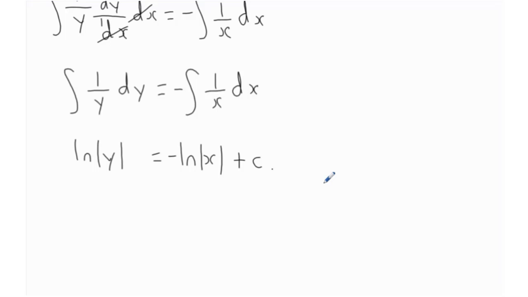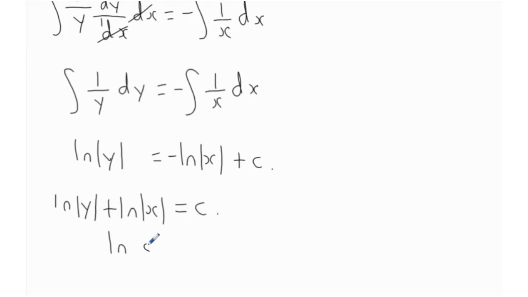So let us combine the ln x and the ln y, and then we can use a log law on that. So ln of the absolute value of y plus ln of the absolute value of x equals c. And by the way, I keep talking about absolute values, but we know that this is all in the first quadrant anyway, so you don't need to worry too much about that.